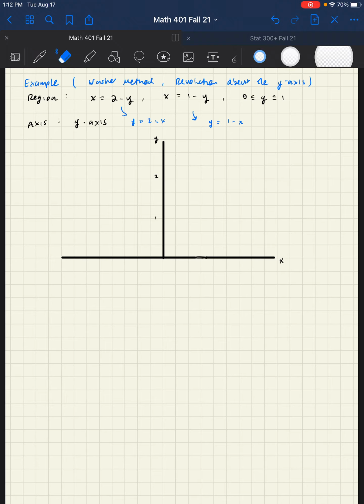So the first line starts at 1 and goes down by 1, and the second line starts at 2 and goes down by 1. Okay, now that's right.